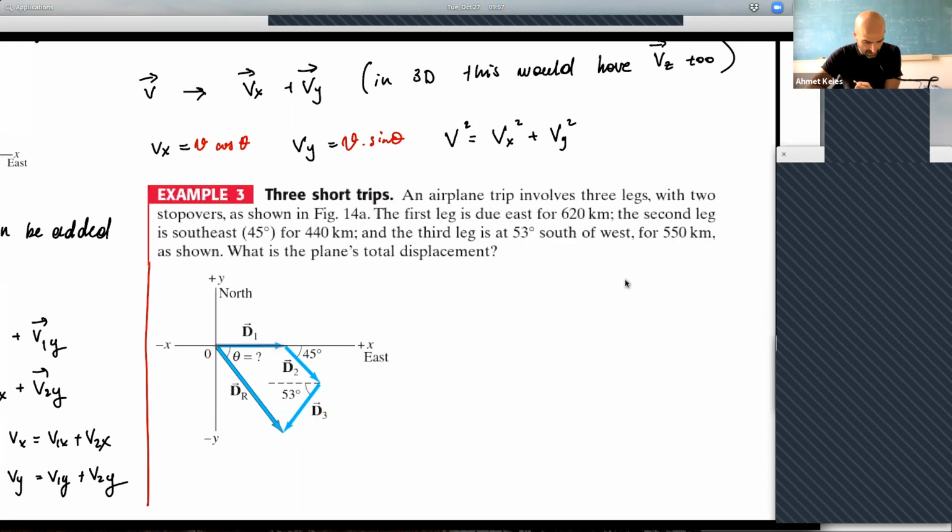The second leg is southeast at 45 degrees, like this, for 440 kilometers. And the third leg is south of west at 53 degrees, like this, for 550 kilometers. So what is the plane's total displacement? Like this vector, what is this?